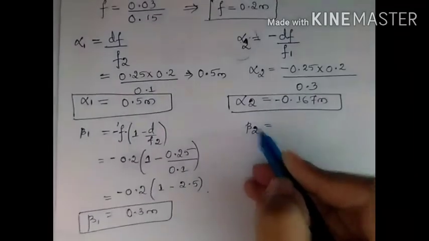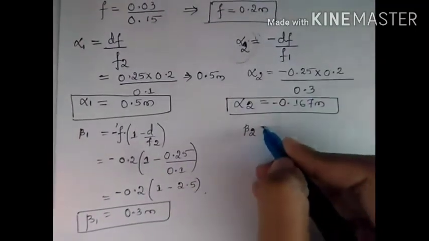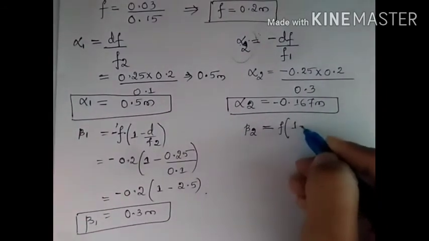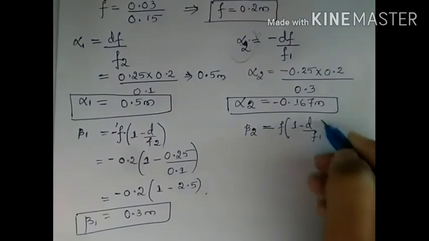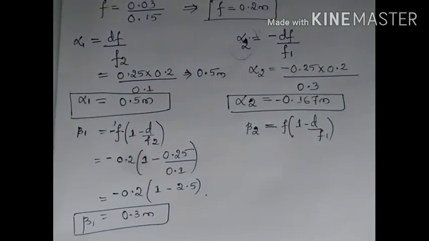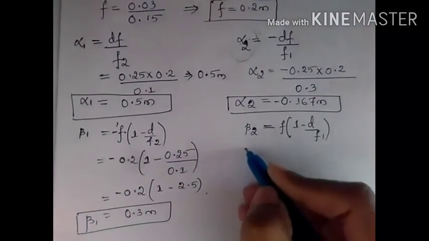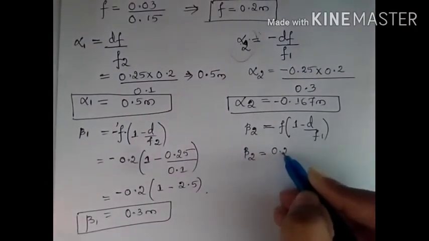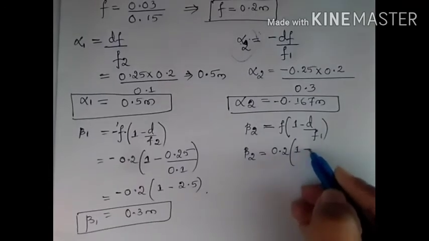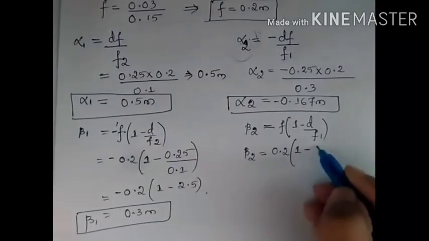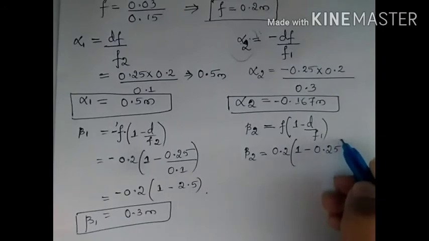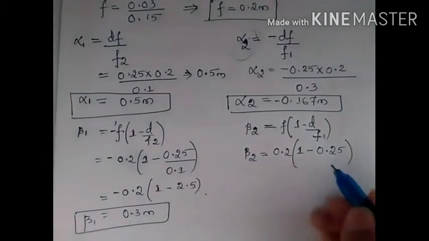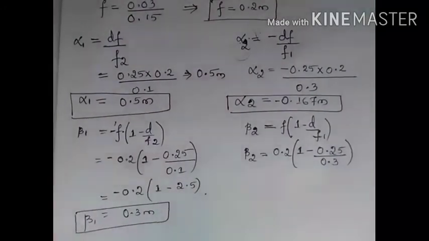Now let us find beta 2. Beta 2 has the formula f times 1 minus d by f1. So substitute all the values which you have. So beta 2 is equal to f, which is 0.2, multiplied by 1 minus d, which is 0.25, divided by f1, which is 0.3.